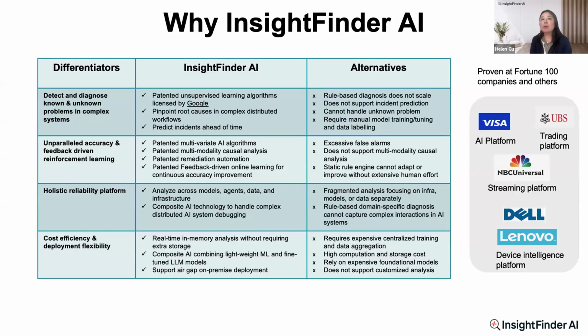We are doing multivariate unsupervised learning to model normal system behaviors and find all the different deviations, right? We are also not looking at one metric or one type of log individually. We're looking at things together, so we can find problems that traditional solutions cannot find.